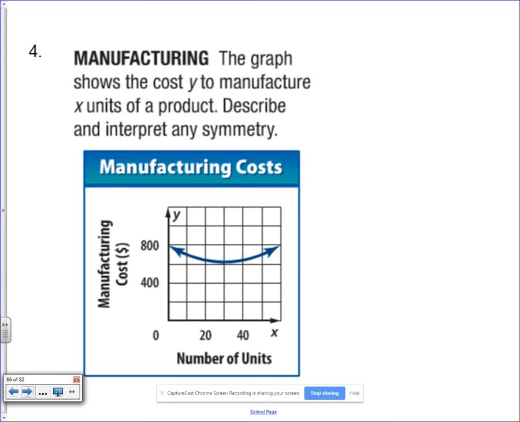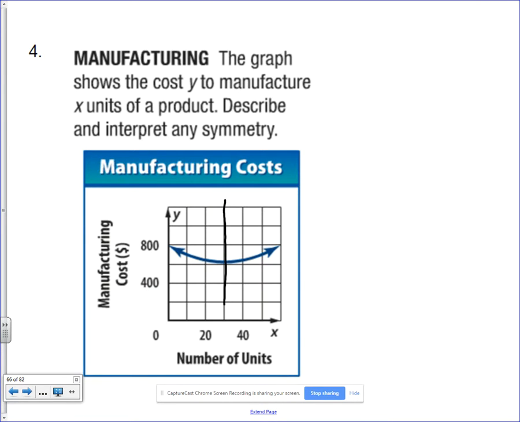Now I want you to look at what's happening here. You see this like little U shape? So the question says, describe and interpret any symmetry. What does symmetry mean? Go ahead, Brayden. Straight through the middle. So I cut it in half. If I folded it up, it would be right on top of each other. Do I have that here? Can you draw a line, please, where the symmetry happens in your regular pencil or pen, whatever you're writing with?